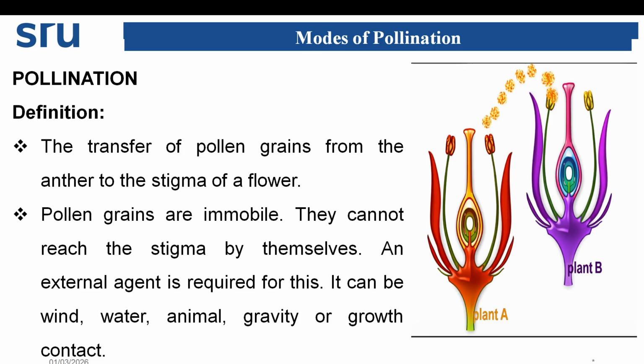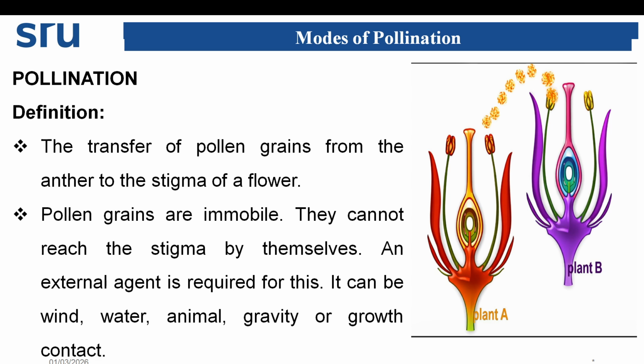That's why they are immobile. So an external agent is required to take the pollen grain to the stigma. These external agents may be wind, water, animal, gravity or growth contact.